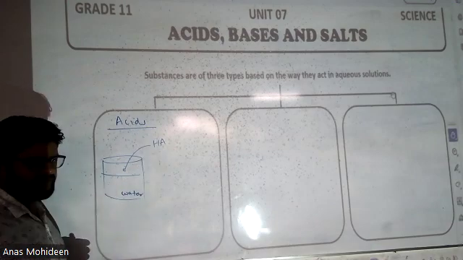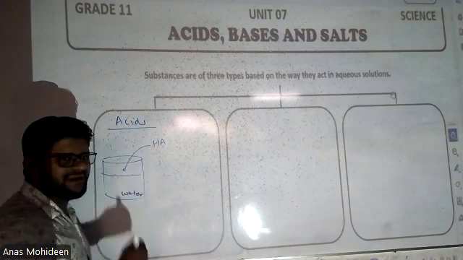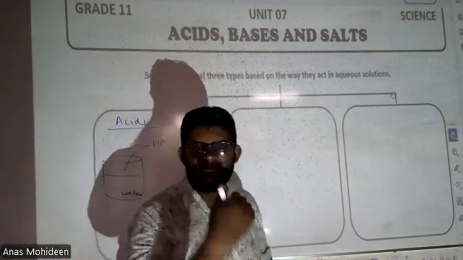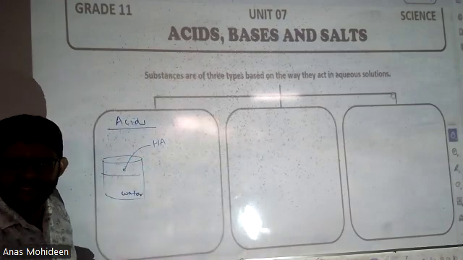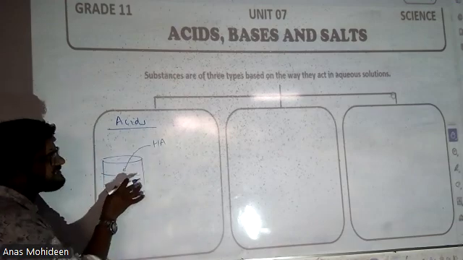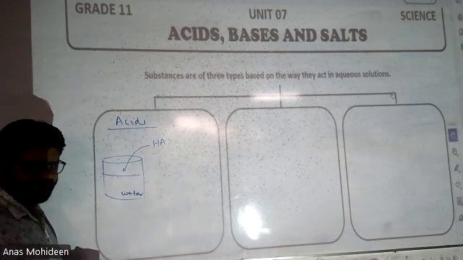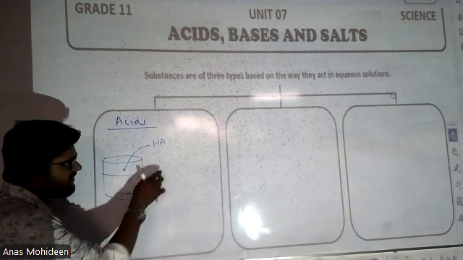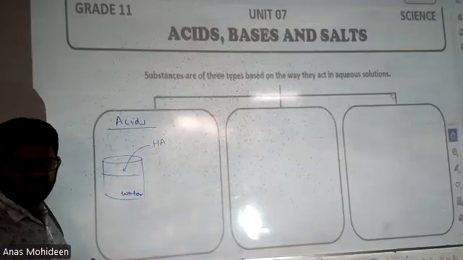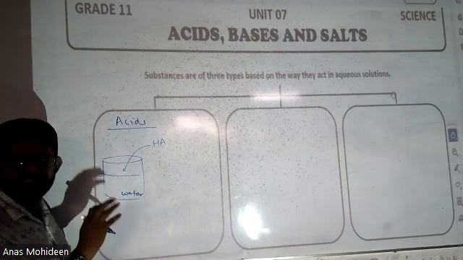Once you put HA in water, it divides into ions. Basically, it is releasing hydrogen plus ions. What is the ion it is releasing? Hydrogen plus ion. A compound which releases hydrogen plus ions in an aqueous medium, a water containing medium, is called an acid. Very simple.